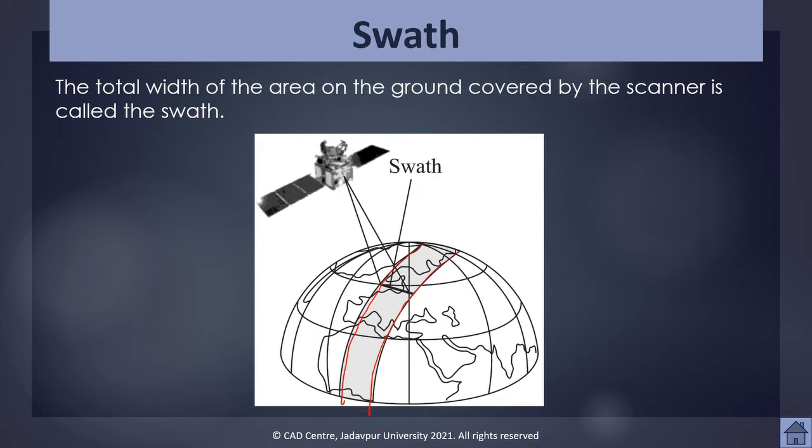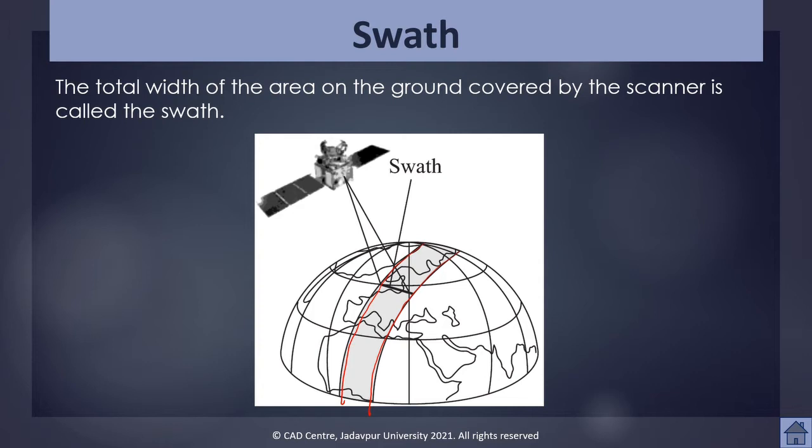Imaging swaths of spaceborne sensors generally vary between tens and hundreds of kilometers wide. Swath depends on various factors like how many detectors are there in the sensor, spatial resolution of the sensor, orbital altitude of the sensor, etc.